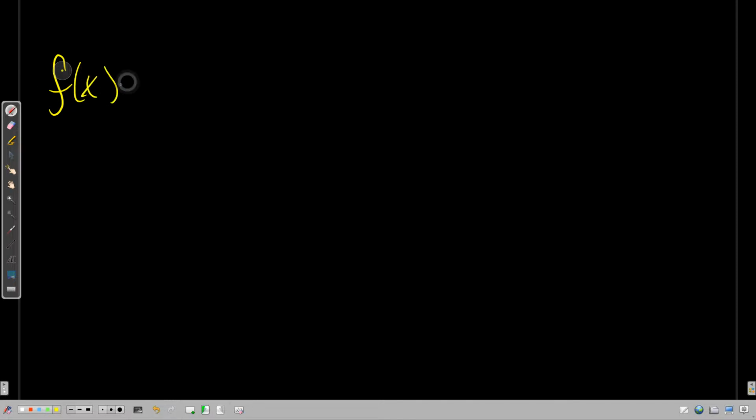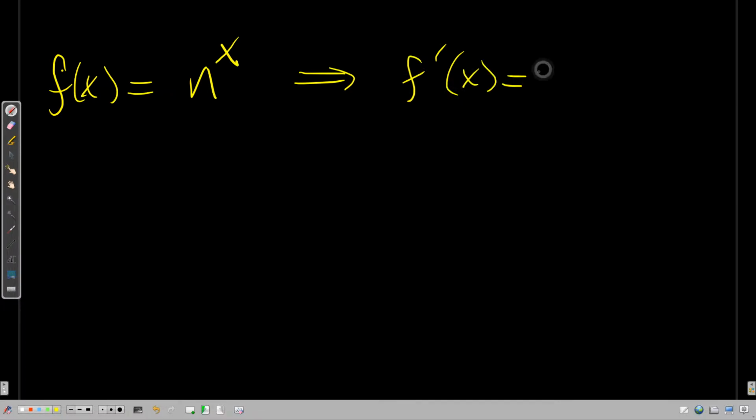If you have some function that's an exponential function, then the derivative of that function is that function times the natural log of the base. Maybe I should have used a b for base. B for base.